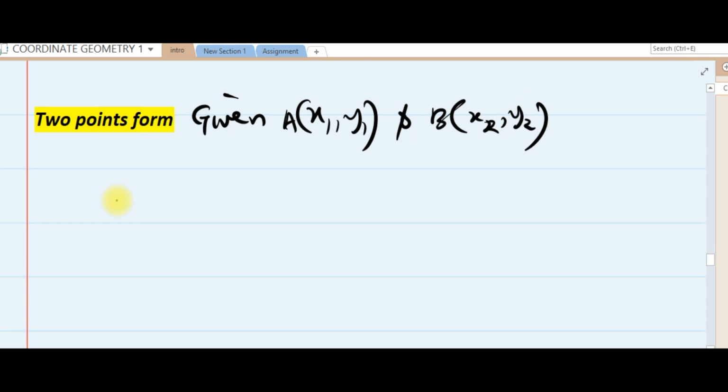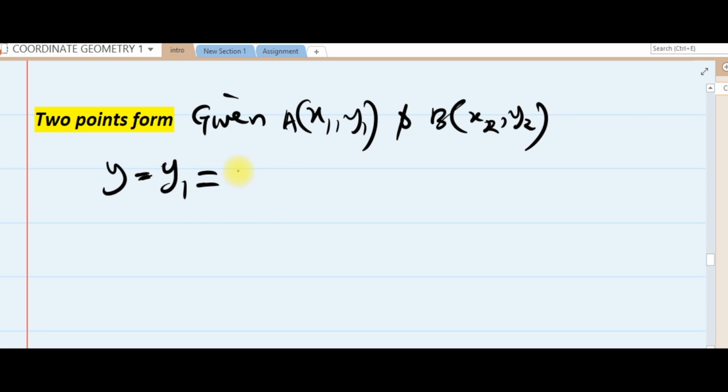So the equation of the line now, you just choose any of the points, because it must pass through both points. So choose any one. If I'm choosing A now, it will pass through A. I'm using the point slope form now. I told you this is almost the same thing as the point slope.